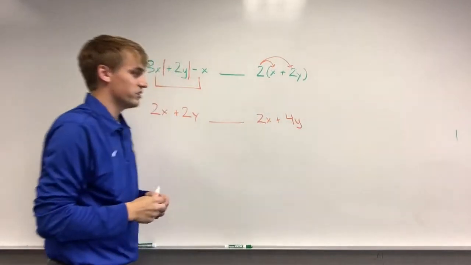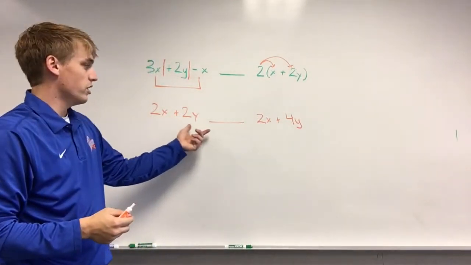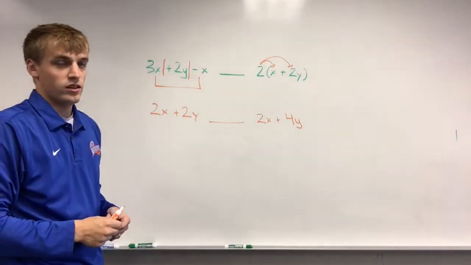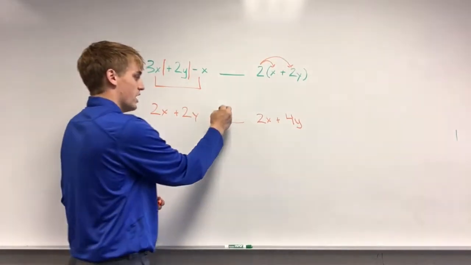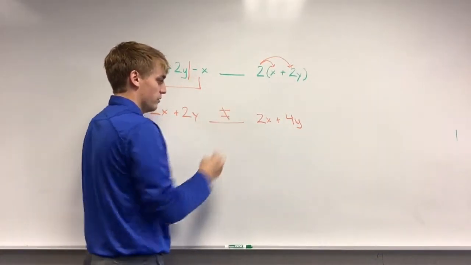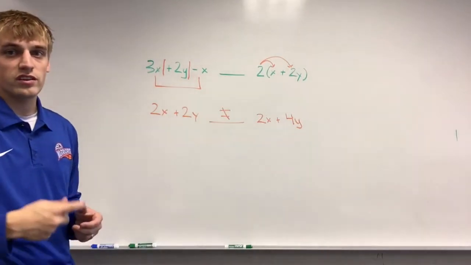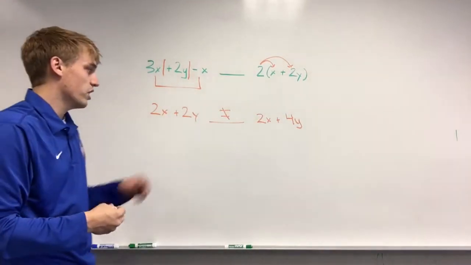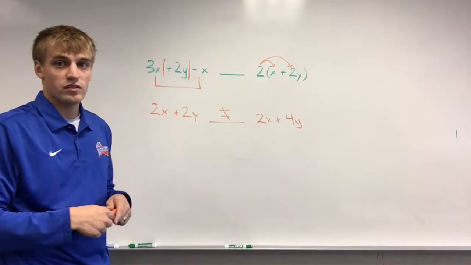If you compare these two, 2x plus 2y and 2x plus 4y, they are not the same, so these two expressions would not be equal. If you want to take that a step further to check, you could give these variables a value.